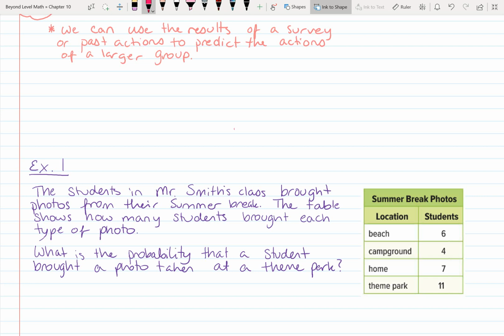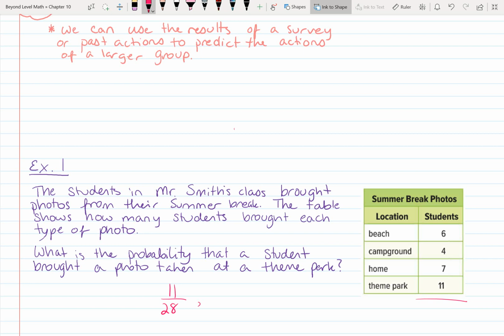Well, we know that 11 students took the photo at a theme park, but we need to find the total. So we've got 11 plus 7 plus 4 plus 6, and that is a total of 28. So the probability is 11 out of 28.